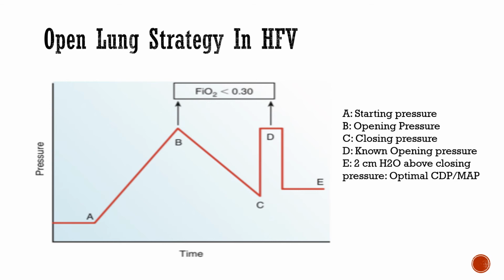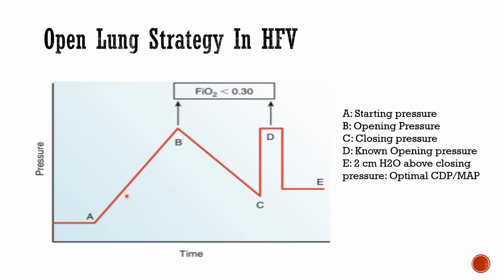Now, the open lung strategy in high frequency ventilation. The recruitment maneuver is most commonly studied as well as established in high frequency ventilation. So let's see this here from this diagram of pressure versus time. Starting from collapsed lung at point A, we gradually increase pressures delivered.